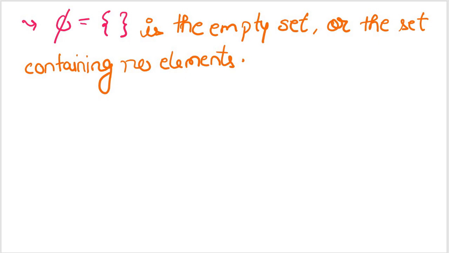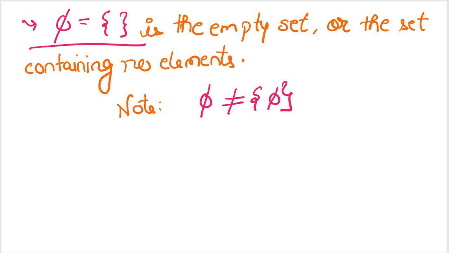One thing to note is that this is not equal to this thing. These two things are different, so don't get confused. On this side we have something like this, and this is not equal to this, because that means there is another empty set within this. Once again we are talking about multi-sets in some sense.